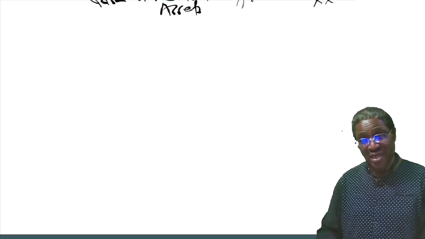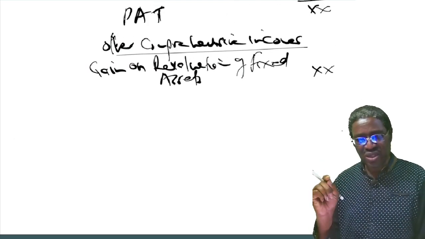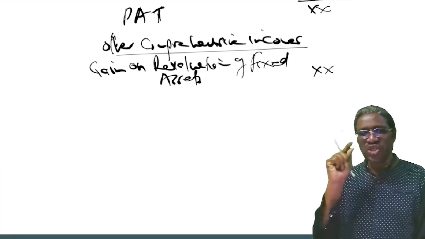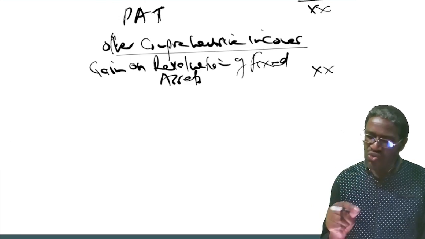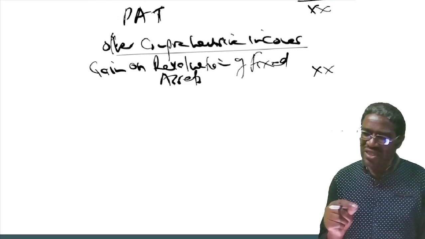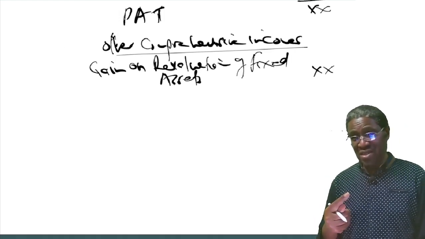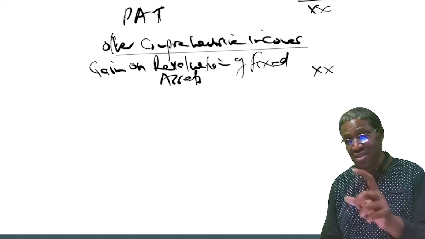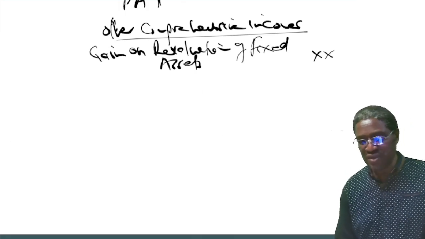So we are now assuming that you have an idea of another example. If your company has an exchange difference whose rules don't require you to take that gain to the income statement, yet it's a gain, but the rule does not require me to take it to the P&L account, then I'm required to show it under other comprehensive income.